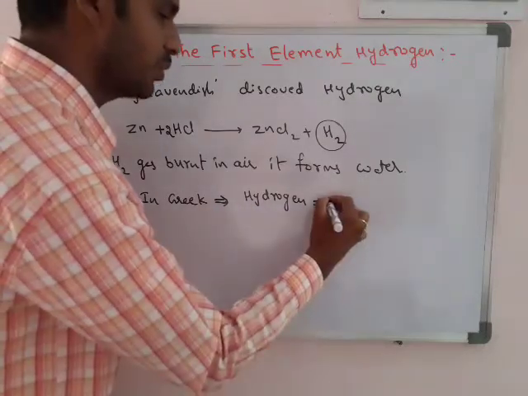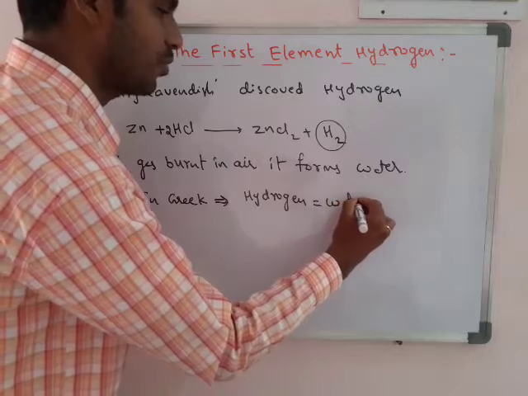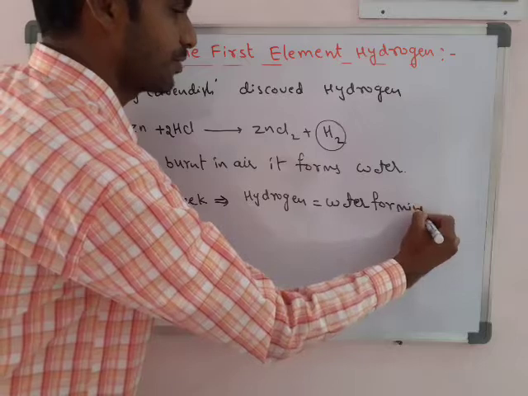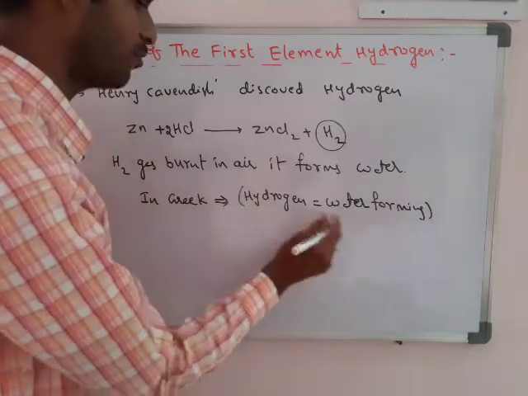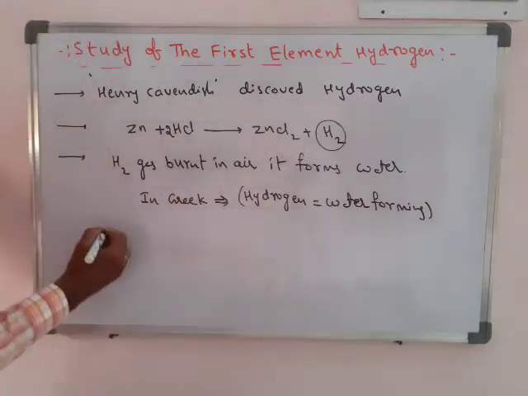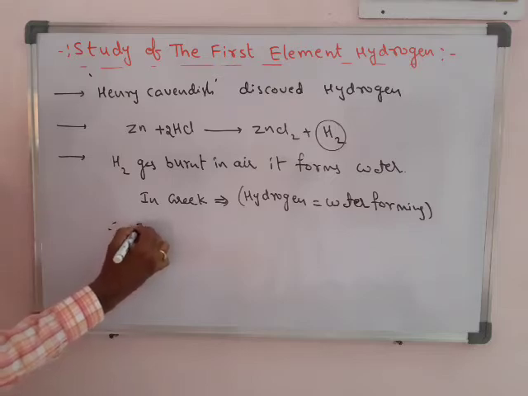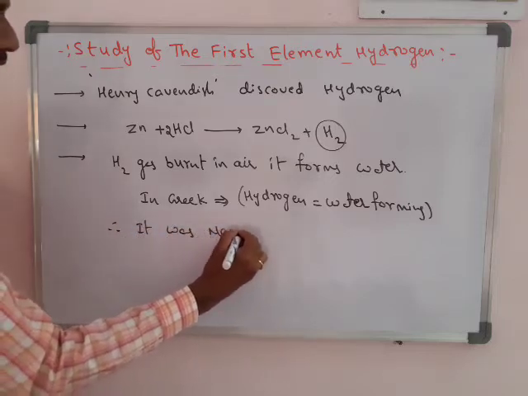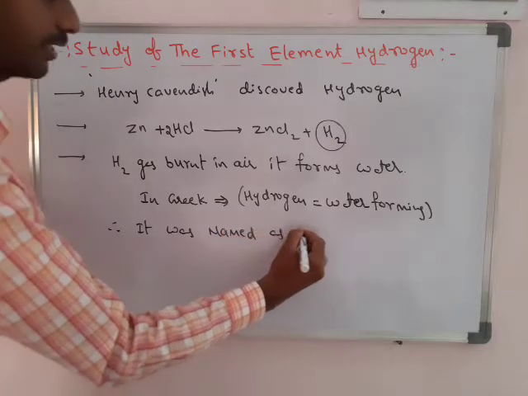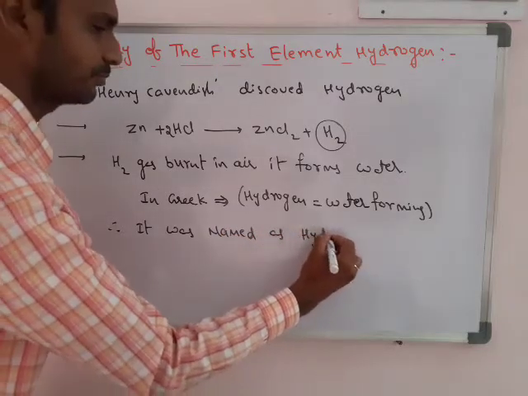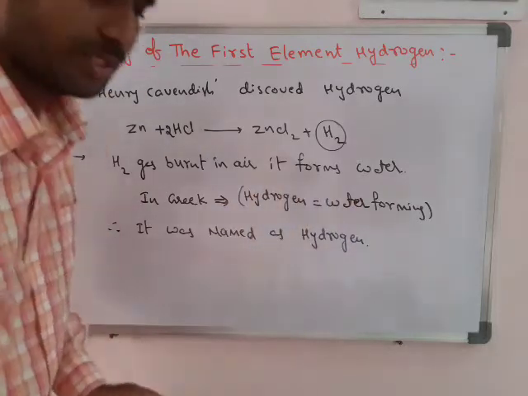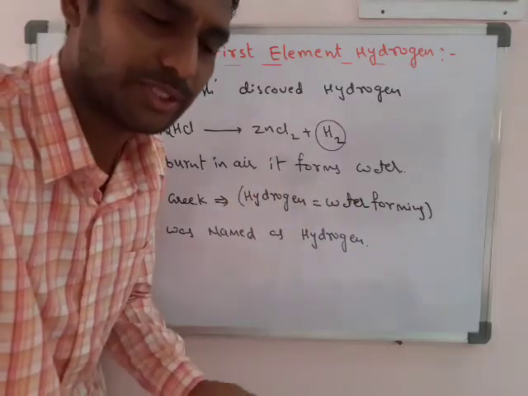So that is called in Greek language water forming. The perfect word for water forming in Greek is hydrogen. Therefore it was named as hydrogen. This is the basic introduction about hydrogen.